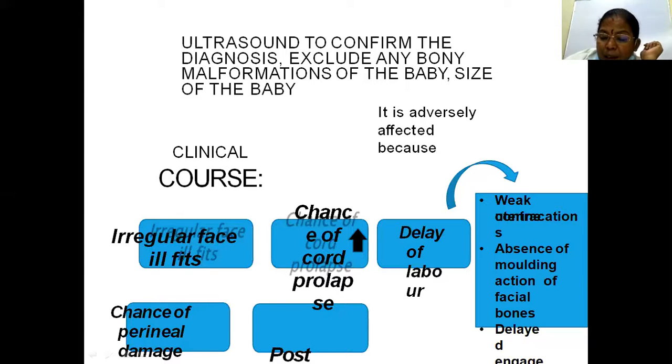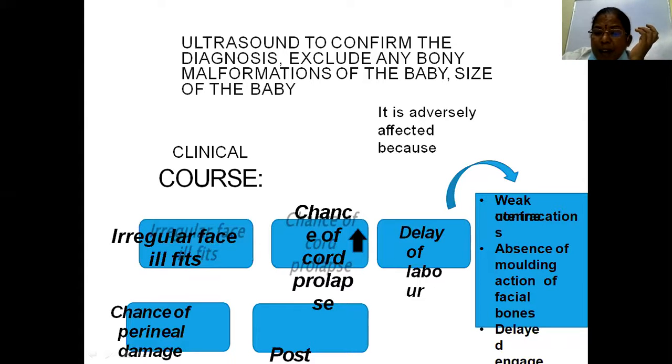Why is there a delay in labor? In a vertex presentation, there can be molding, but this molding is not possible for face presentation. It cannot mold.